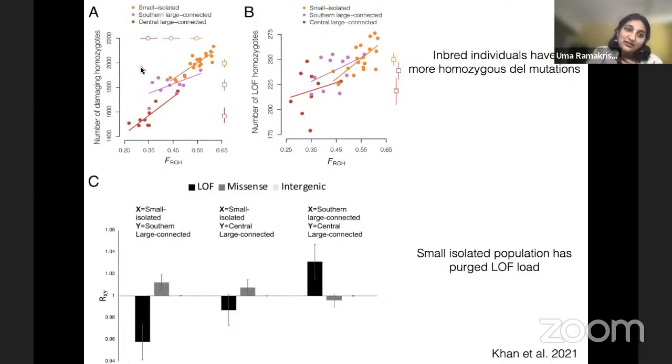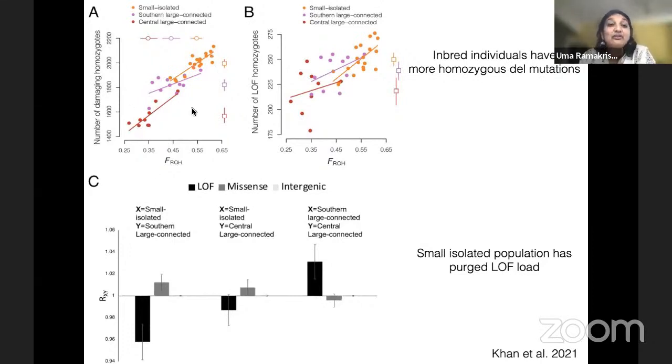But what you see here, and this is damaging homozygotes, all of them together. You would expect that inbred individuals have a higher mutation load, right? They have more recessive deleterious alleles, more deleterious alleles, whether recessive or dominant. So what you can see is that indeed, individuals who are more inbred, where FROH is higher, have more deleterious plus loss of function mutations compared to individuals who are not as inbred.